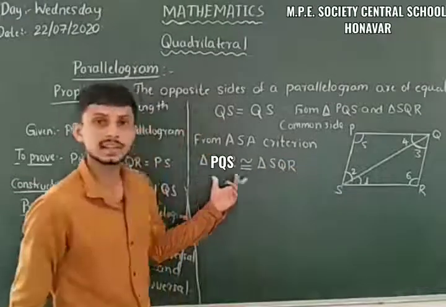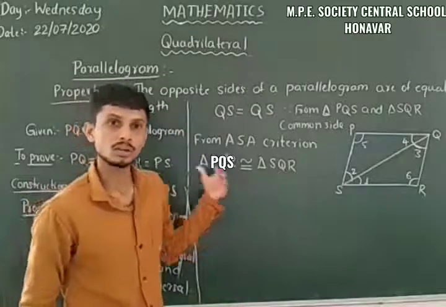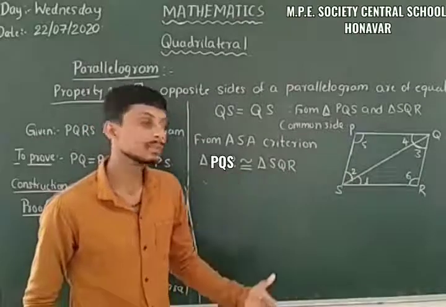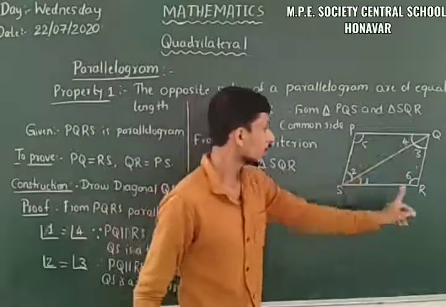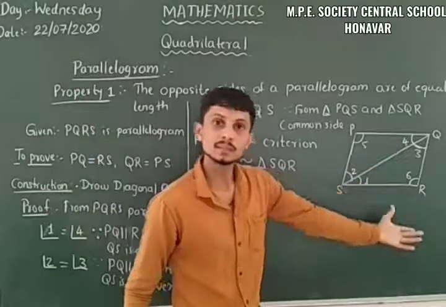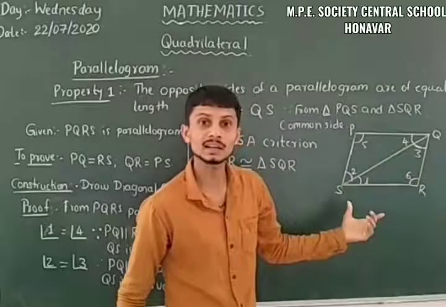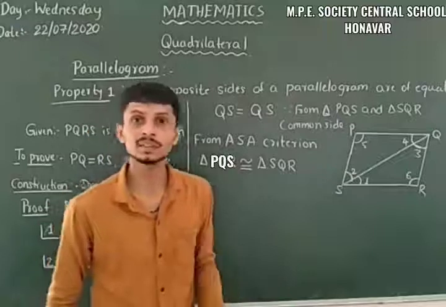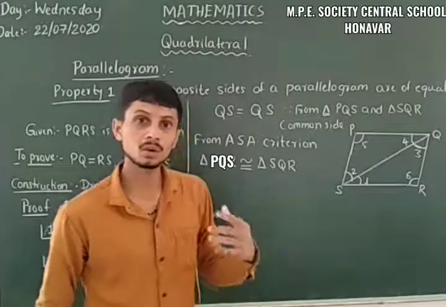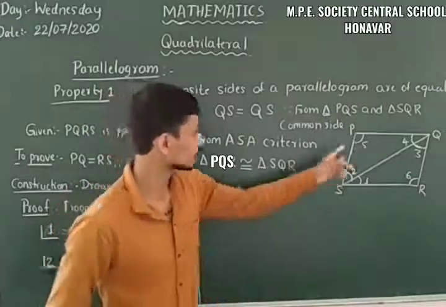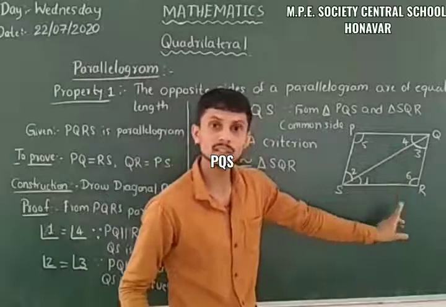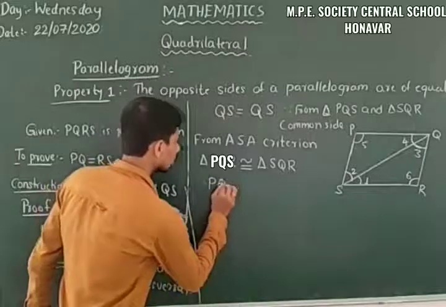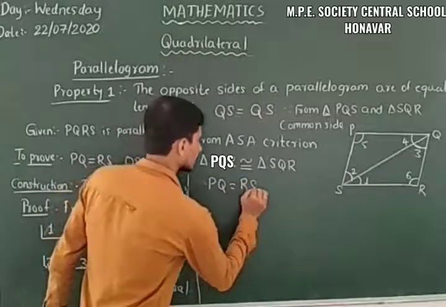So both the triangles are congruent, or both the triangles are one and the same. So that means PQ is equal to RS. That's correct, because they are corresponding sides of congruent triangles, corresponding parts. So here PQ is equal to RS.